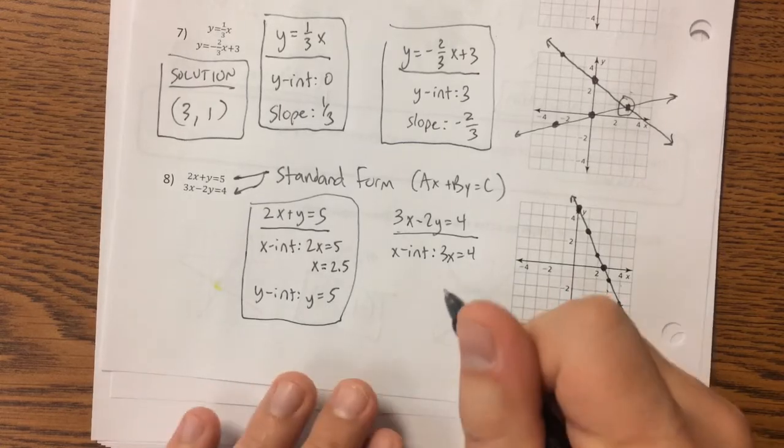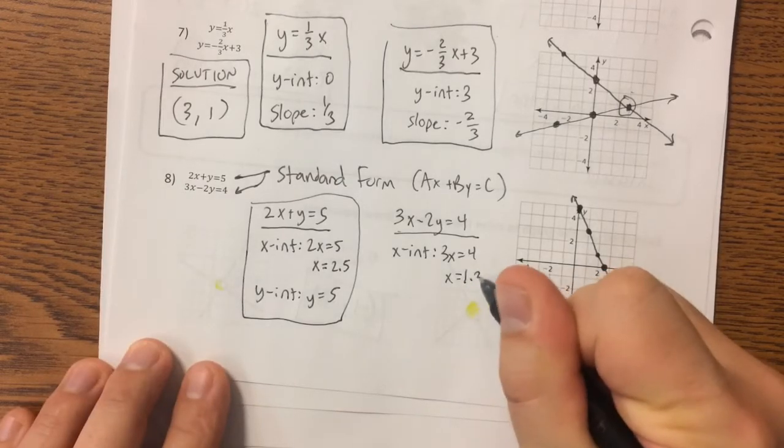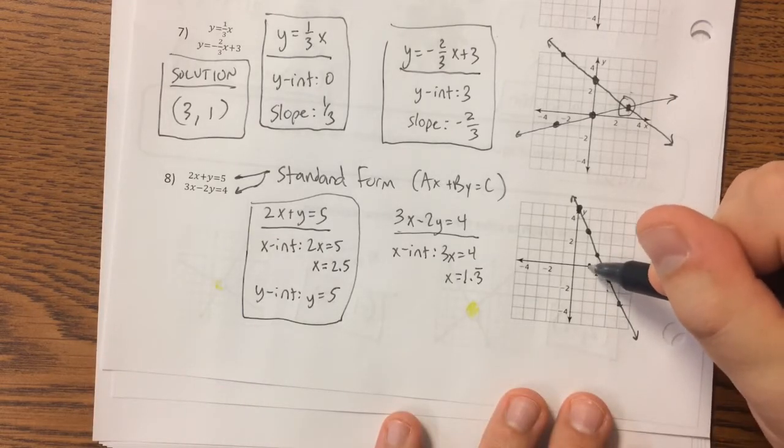If 3x equals 4, this one's going to be a little ugly, but what is this going to be? What's 4 divided by 3? Yeah, 1.3 repeating. Okay, so that's my x-intercept. 1.3 repeating is going to be right about here.